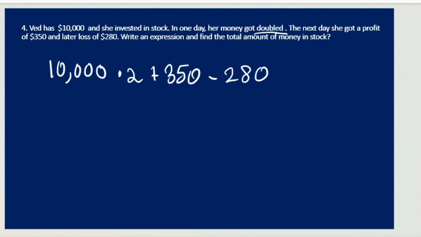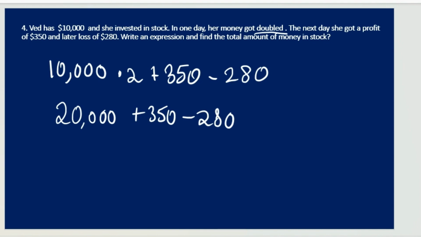Now we just need to solve this. 10,000 times 2 is? 20,000. Correct. So, 20,000. And then plus 350 minus 280.